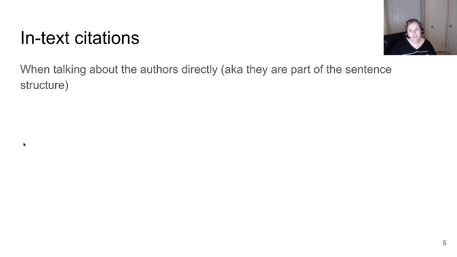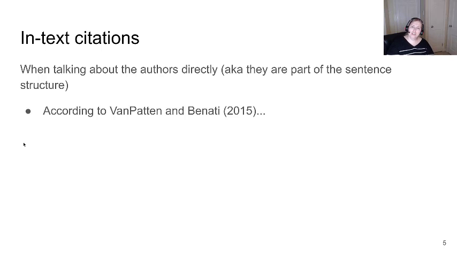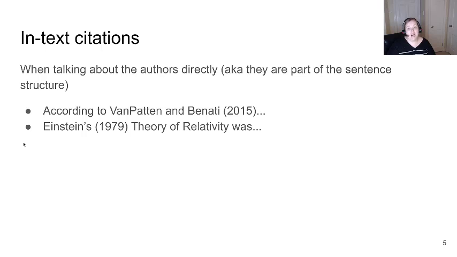Now, in-text citations, I've referenced this a little bit, but there's two kind of ways to use them. You can talk about the authors directly, which means they're part of the sentence structure. According to Van Patten and Bonatti, Einstein's theory of relativity. If I were reading out loud, I would not skip their names, right?